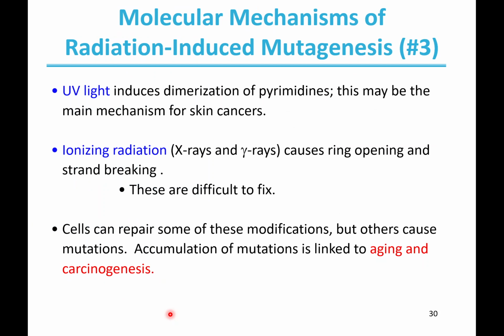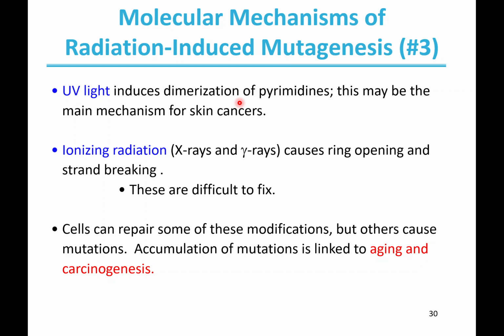Okay. The third mechanism of mutagenesis is radiation-induced mutagenesis. Okay, if you go out in the sun and you don't wear sunscreen, you get UV light, and that induces some changes to your DNA.